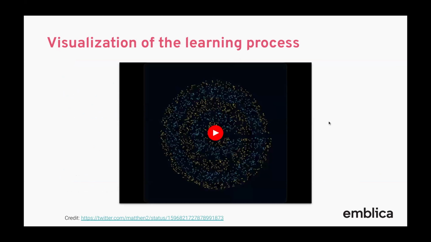And a kind of funny sneak peek into the learning process of a simple model is this video I found a while ago. What the model is trying to do here is to separate these two sets: there's a data set where we have yellow and blue points, and the objective of the model is to separate the yellow points on one side of the video and the blue points on the other side.